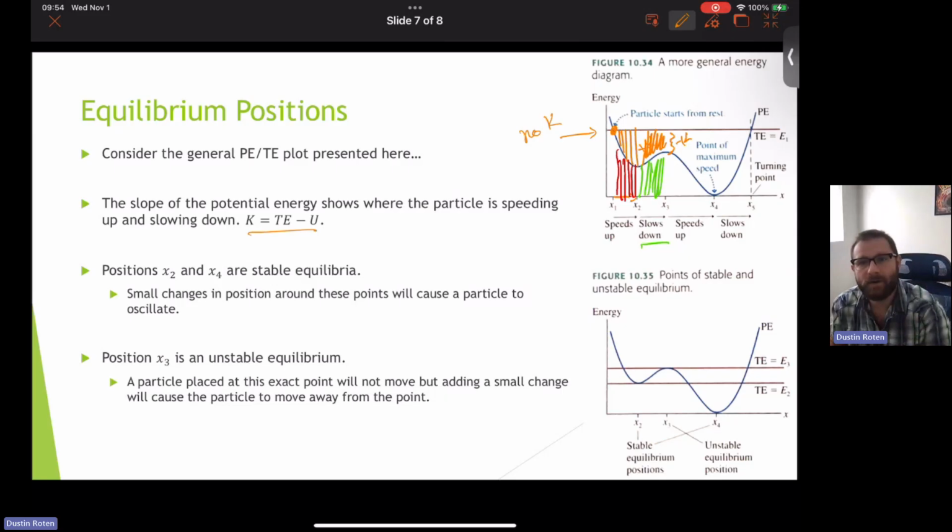And then we can keep doing this over and over again. So whatever's going on between x3 and x4, this is interesting. We keep speeding up until look what happens at x4.